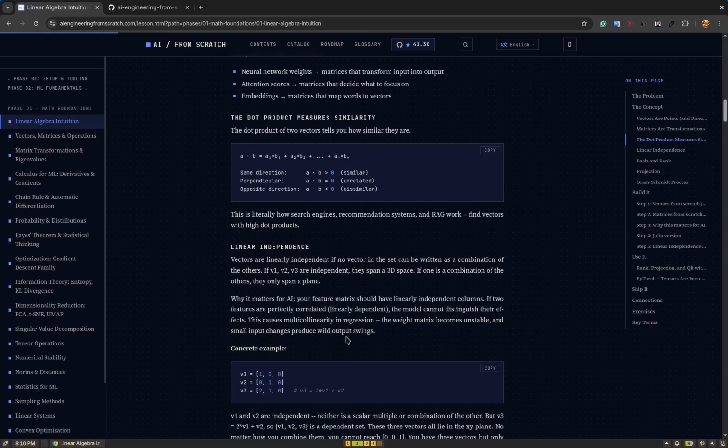Vectors are linearly independent if no vector in the set can be written as a combination of the others. If V1, V2, and V3 are independent, they span a 3D space.